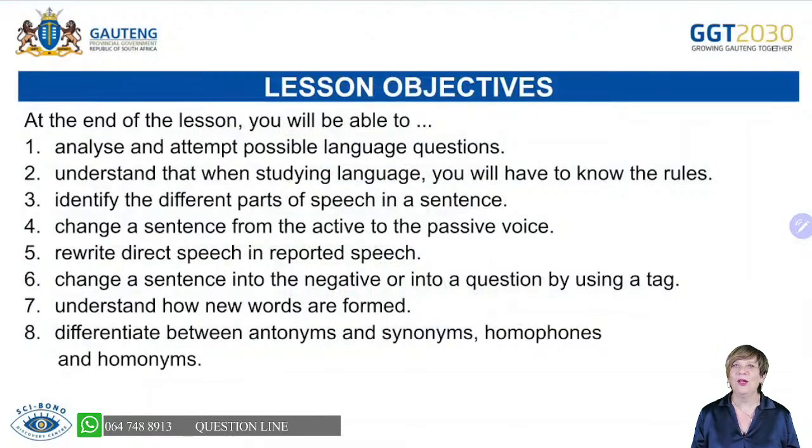We'll focus on the rewriting of reported speech, changing a sentence into a negative or into a tag, understand how new words are formed, and we'll talk about antonyms, synonyms, homophones, and homonyms. And as you can see, there's quite a lot to learn. So I suggest you get a piece of paper and your pen ready. Let's do this.